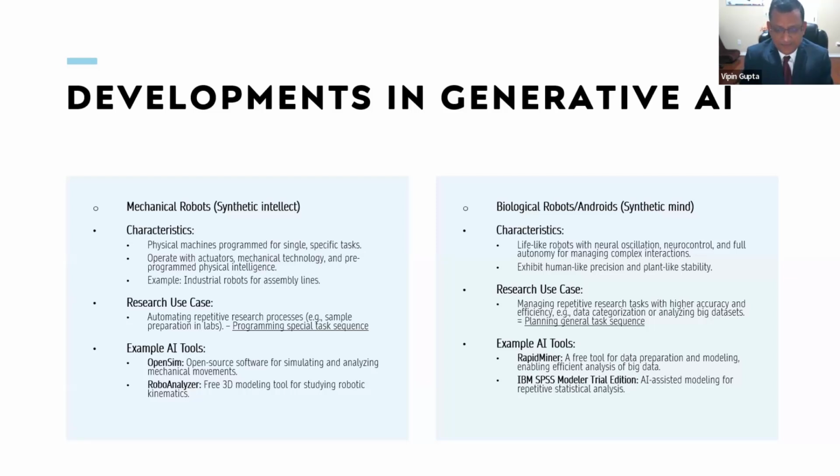For instance, you might say, Alexa, weather. Once you give that prompt, it already has all the data which is needed for input related to that prompt. It has all the information. It doesn't need you to feed what's the temperature, what's the pressure. It already has sensors. In biological robots, we add sensors to the artificial intelligence.